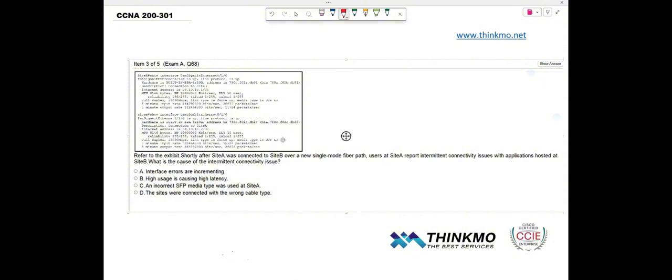Site A connects to site B. Shortly after connecting, the user at site A sent a report to the hosted application on B, and there were intermittent connection issues. What caused these intermittent connection issues? First, this diagram is not very clear. Actually, we don't need to look at this diagram.